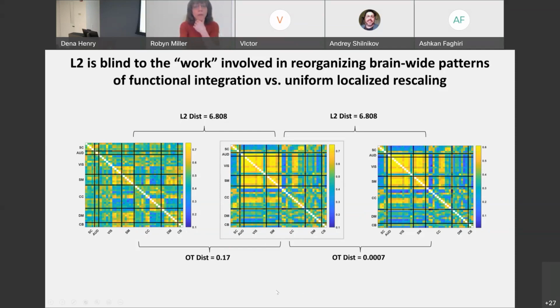And if you're using the optimal transport distance, you see something that makes a bit more sense, where the distance between the middle and the right is considerably, orders of magnitude, lower than the distance between the middle and the left. Seems like maybe some kind of progress there. The devil is always in the details, but that's one direction we can start moving along.